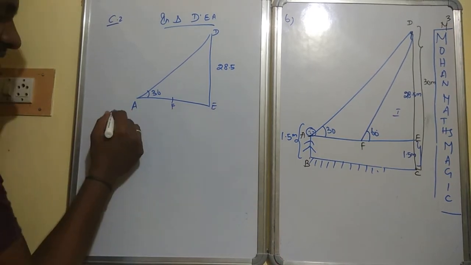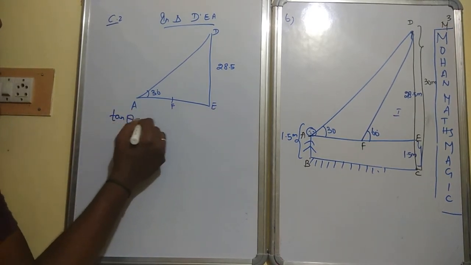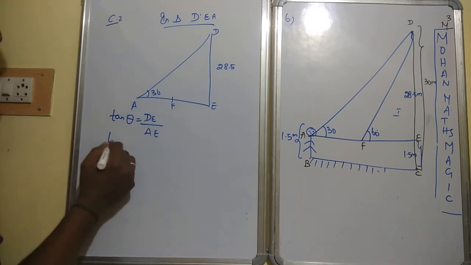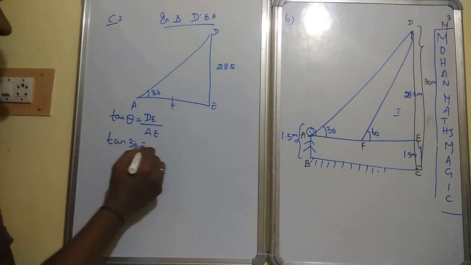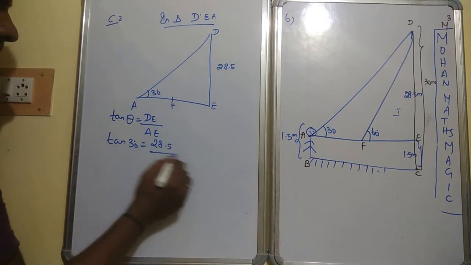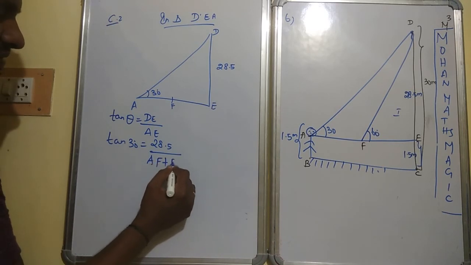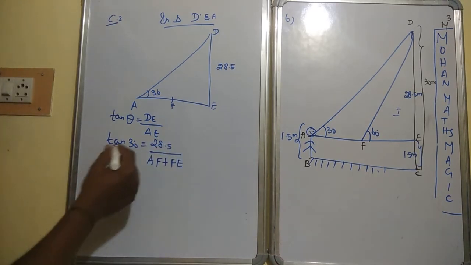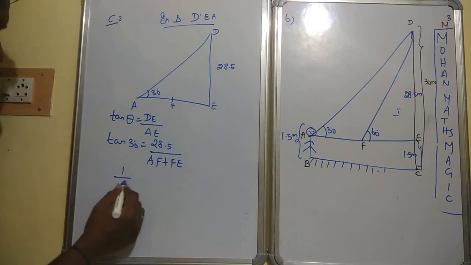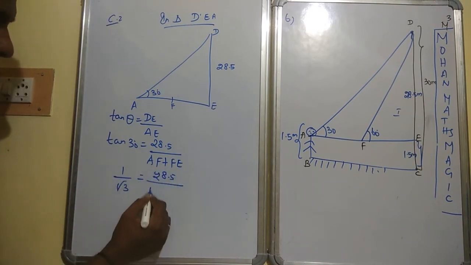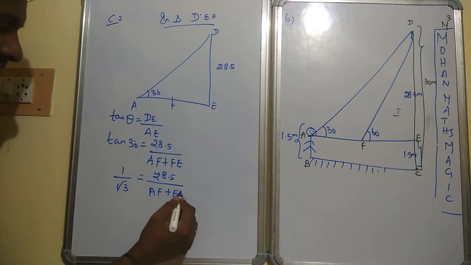Now same thing, tan theta equals opposite side DE by AE. Now tan 30 degrees equals DE, value 28.5, upon AE. AE can be written as AF plus FE. Tan 30 value 1 upon root 3 equals 28.5 upon AF plus FE.